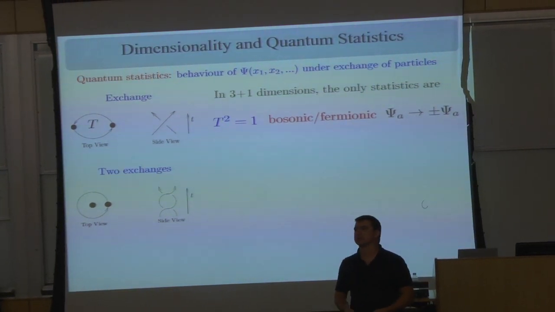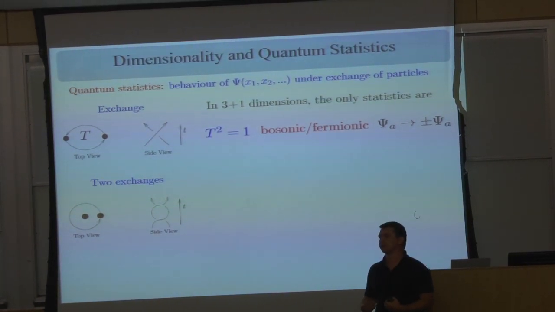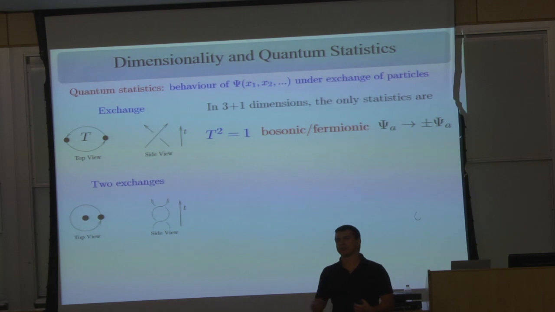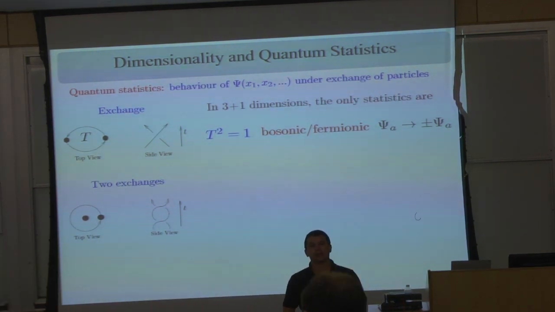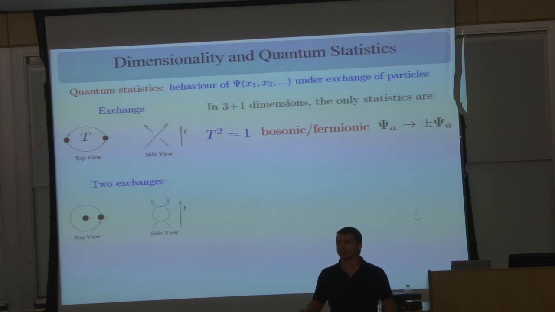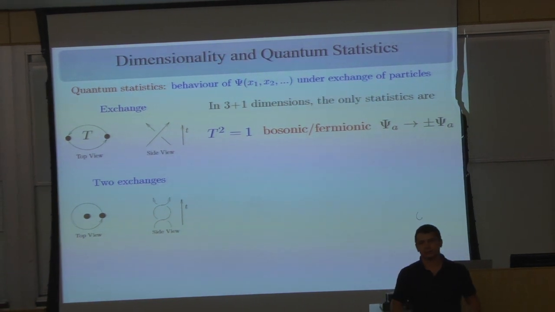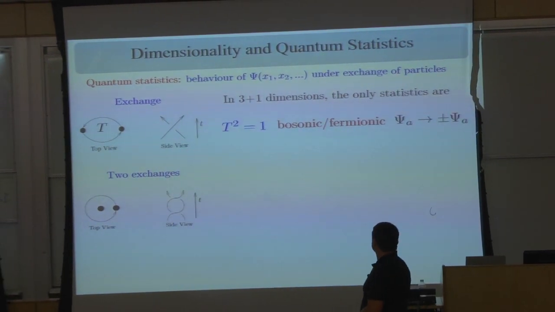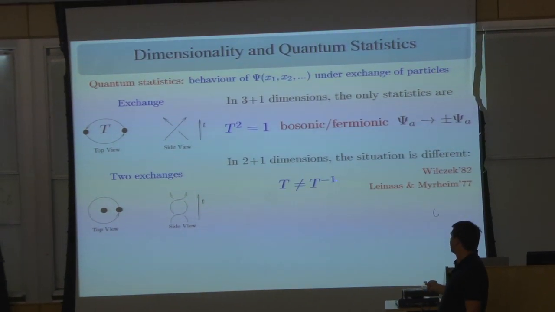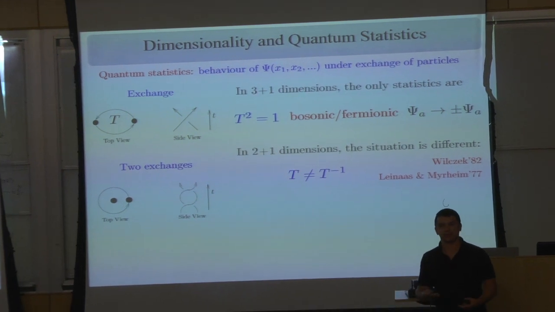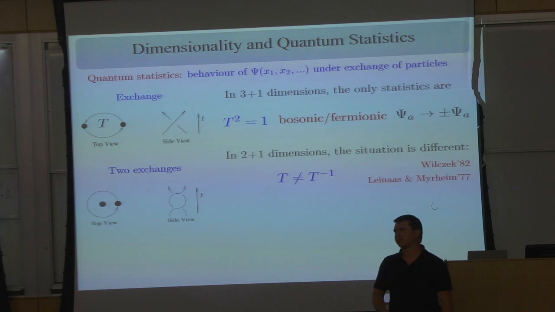But in 2 dimensions, the situation may be different, because we don't have this degree of freedom to shrink the loop to 0. If there is some singularity in 2-dimensional space, then this singularity will not let us go around it. So in 2 dimensions, there are 2 different possibilities. First of all, T doesn't have to be equal to T minus 1, because clockwise and counterclockwise exchanges can be different.